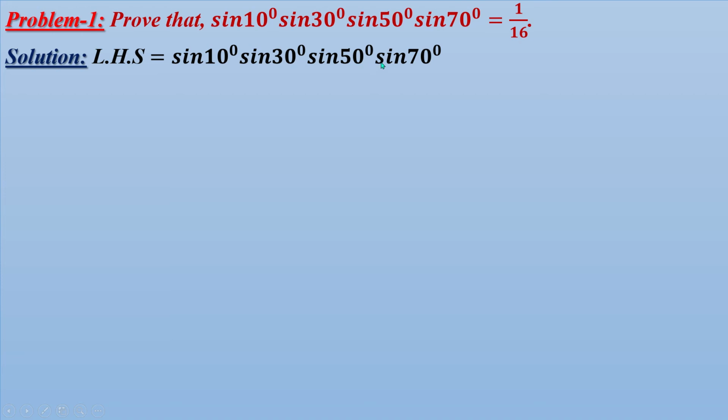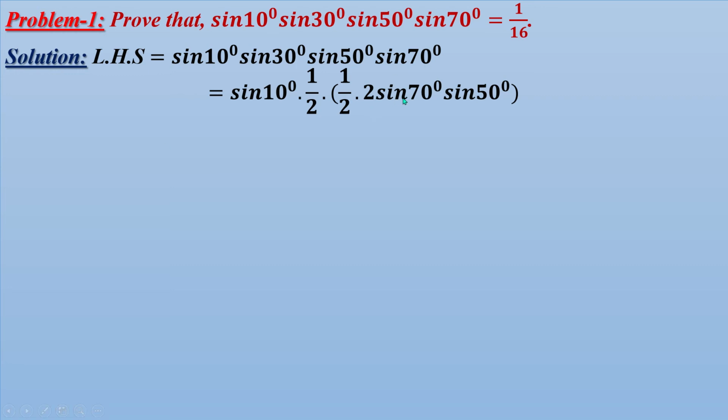As a product we can write any one first, no problem, but we need 2 here, and 2 is absent. So for taking 2 we have to take half. As a result, this fixed sin 30 degree equals half, but we have taken another half for making the formula.